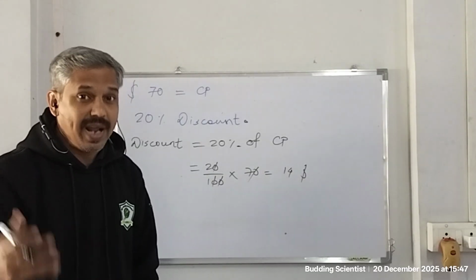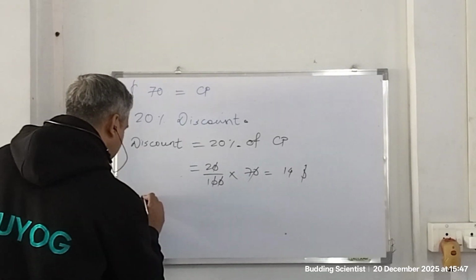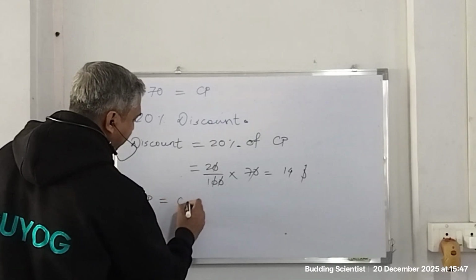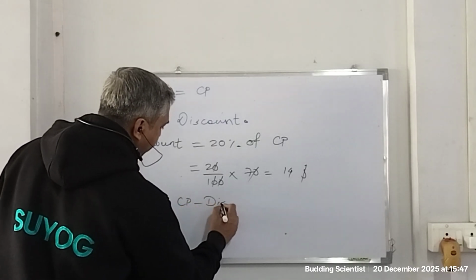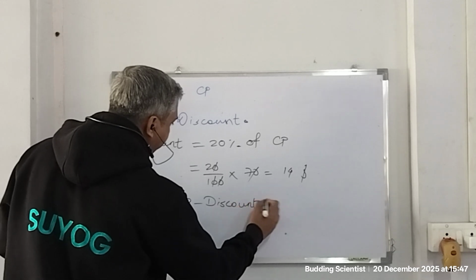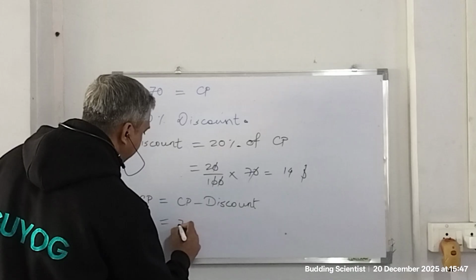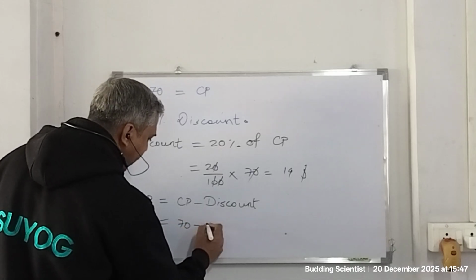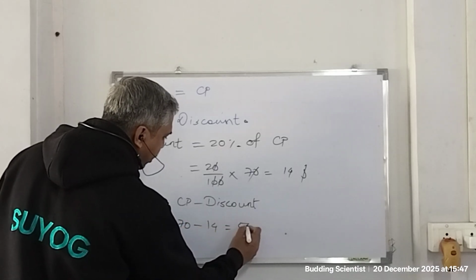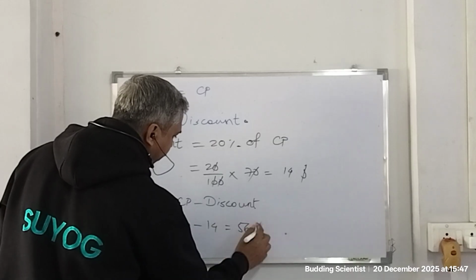So the discounted price, the new price, or the selling price for the shop owner will be CP minus discount, which is equal to $70 minus $14, which is $56.